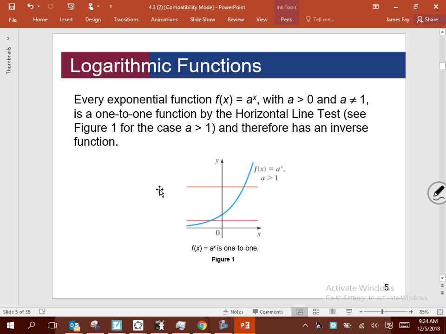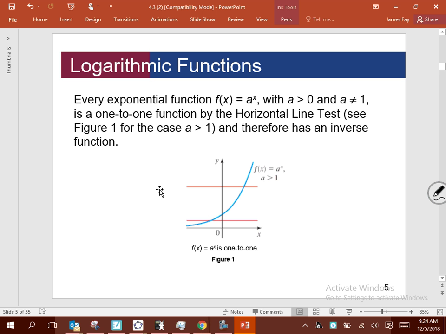It is 1 to 1. Now it's been a while since we talked about 1 to 1, but remember, to be a function, it meant every x value has one and only one y value. That's a way of saying that we pass the vertical line test.